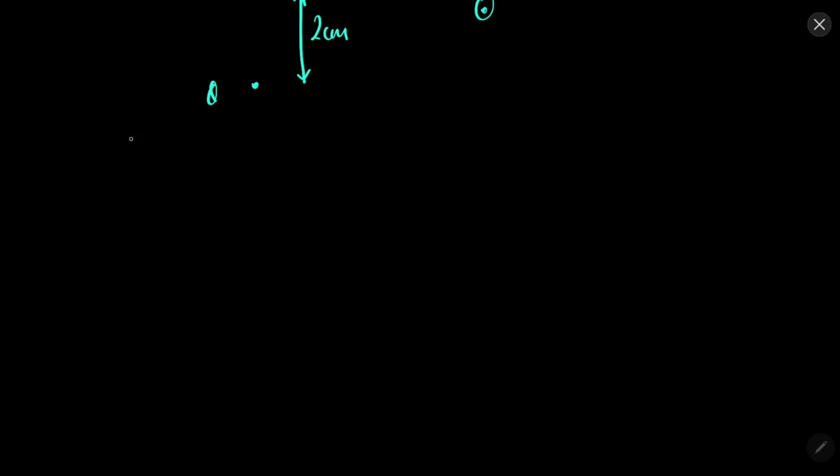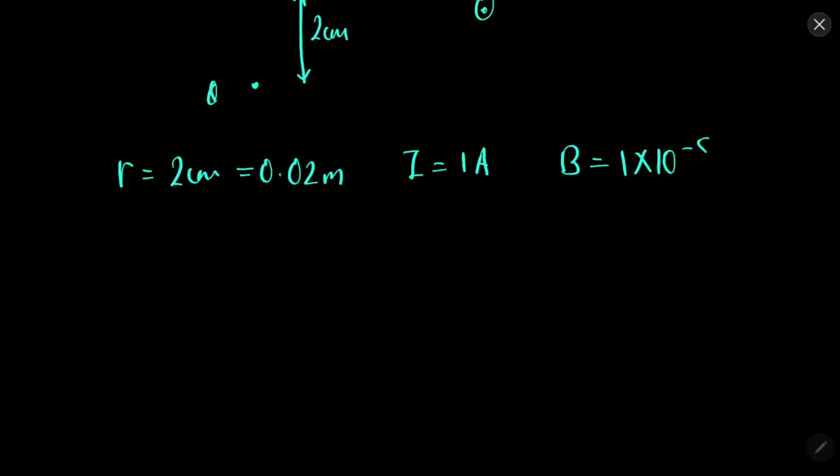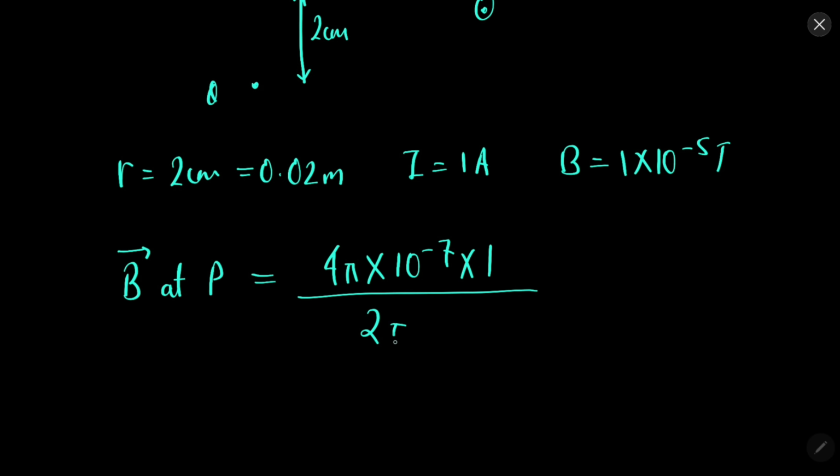So what we have is that obviously distance 2 cm or 0.02 meter, current is 1 ampere, magnetic field is 1 into 10 to the power minus 5 Tesla. So B at P will be 4 pi into 10 to the power minus 7 into 1 over 2 pi into the distance.